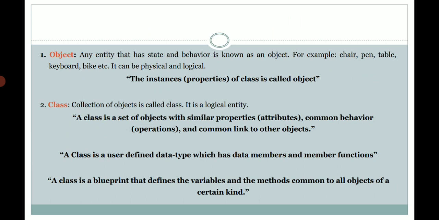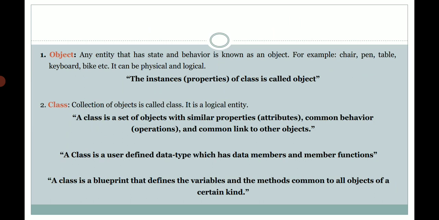Hence, the instances of a class are called objects. The properties of a class, the characteristics of a class are called an object.